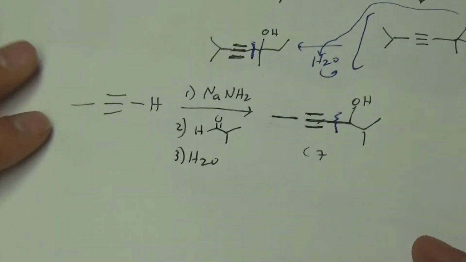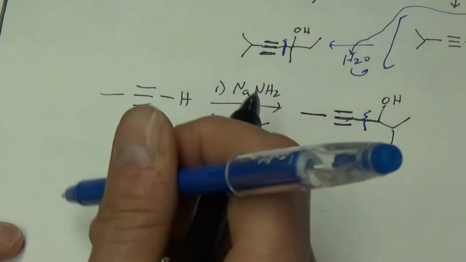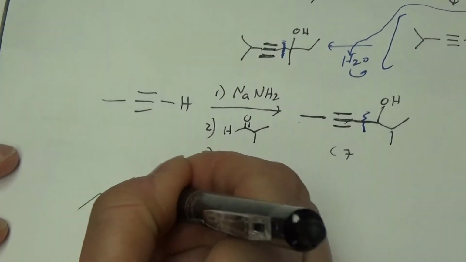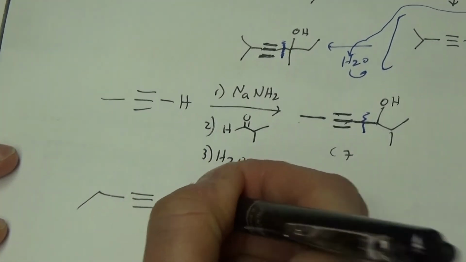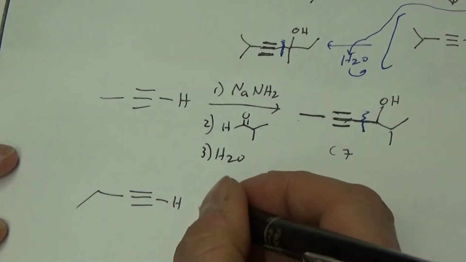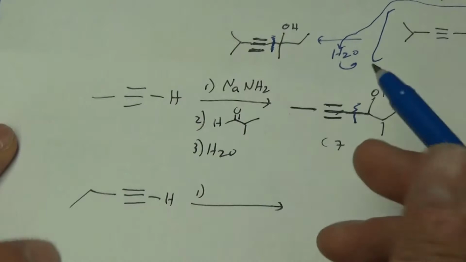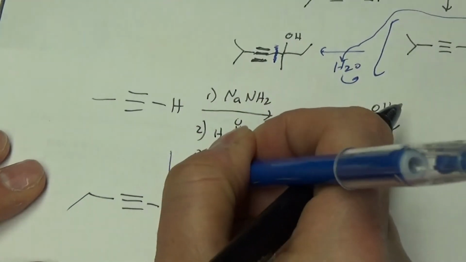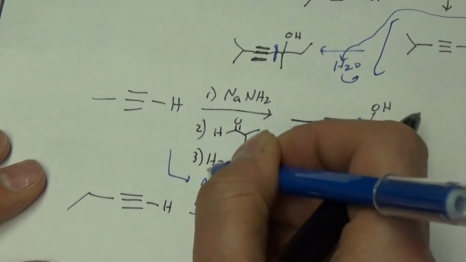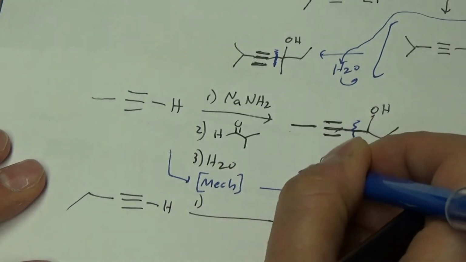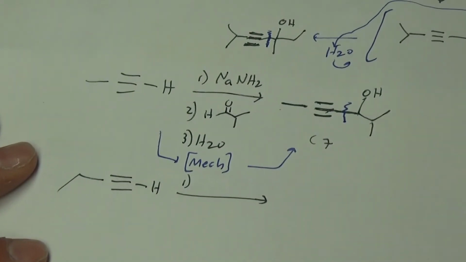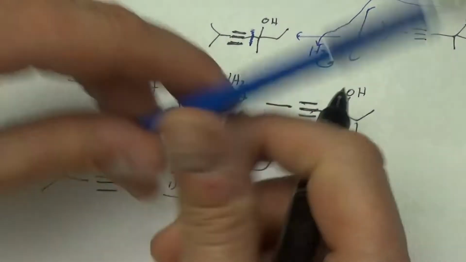Okay. How about, let's change it a little bit now, a terminal alkyne with the ethyl. Let's try, oh yeah, and just for your notes, I recommend you do the mechanism down here. Go through that mechanism. Okay, so for this one, what base should we use?